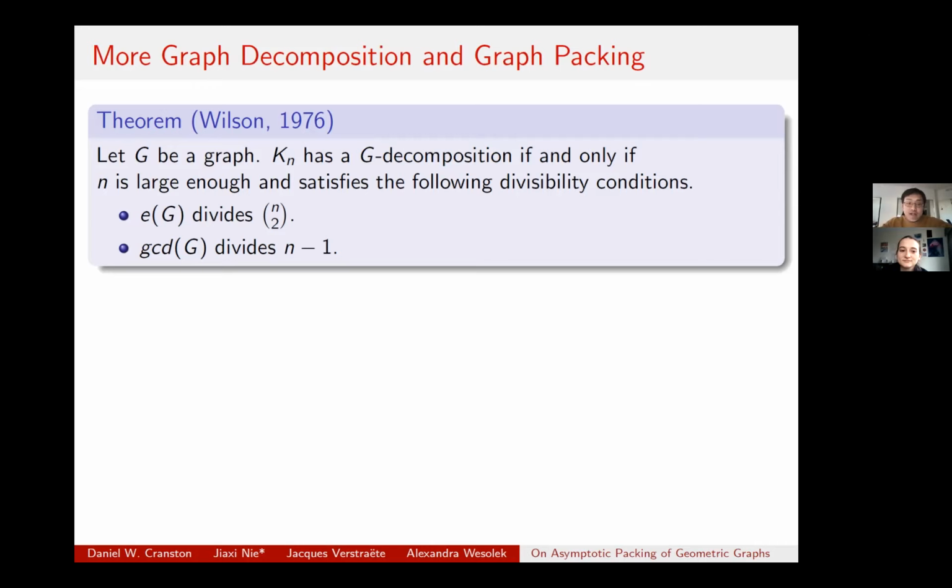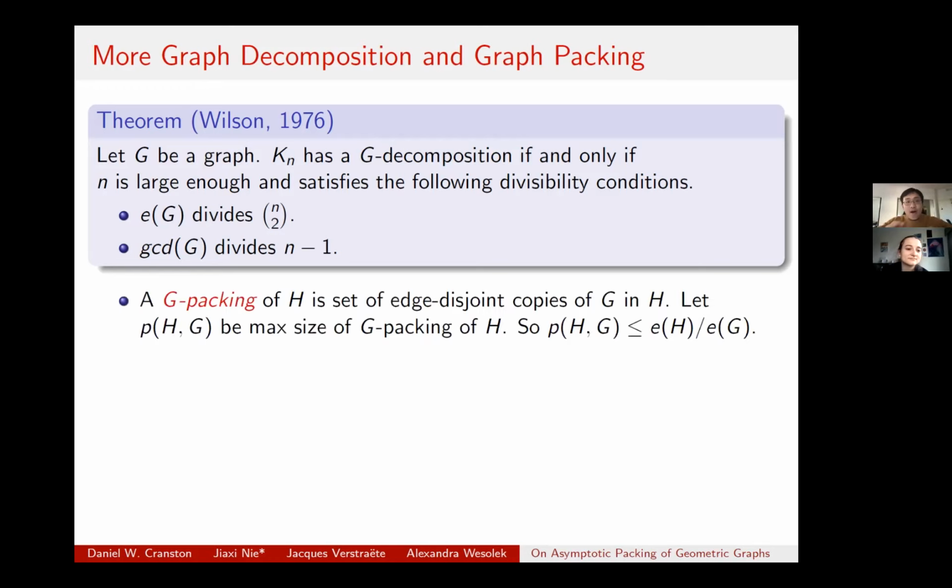The second condition is that the GCD of G divides n minus 1. Here, the GCD of G means the greatest common divisor of the degrees of the vertices of G. It is not hard to see that these two conditions are necessary conditions for Kn to have a G-decomposition. And amazingly, Wilson showed that these are also sufficient when n is large enough.